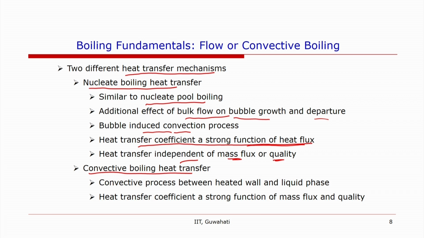present in the channel. Now for the convective boiling heat transfer mechanism, the dominant mechanism is the convection process between the heated wall and the liquid phase, and in this case the heat transfer coefficient is almost independent of the wall heat flux, and it is a strong function of mass flux and the quality.